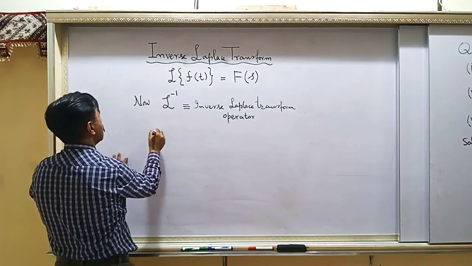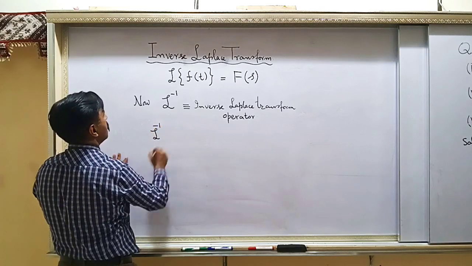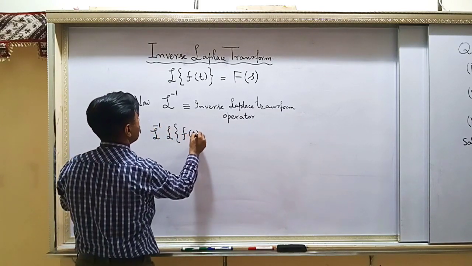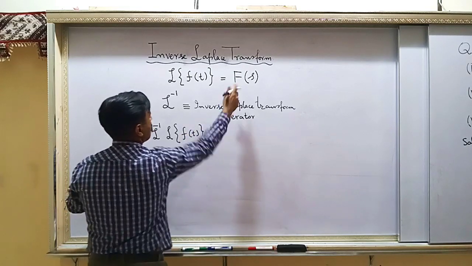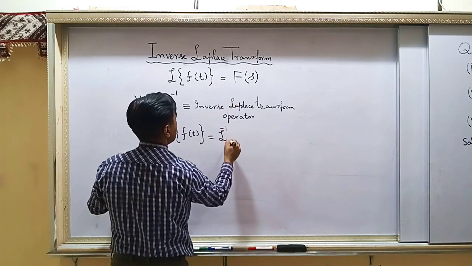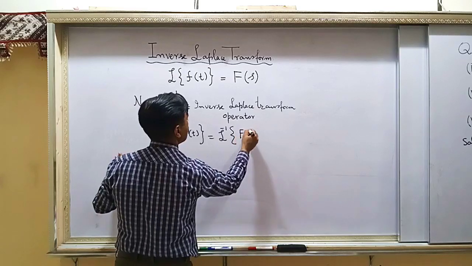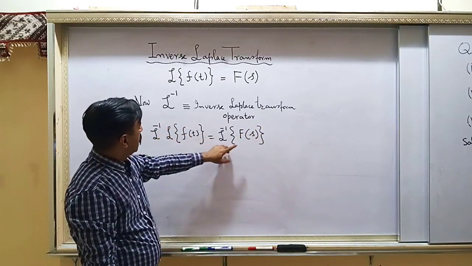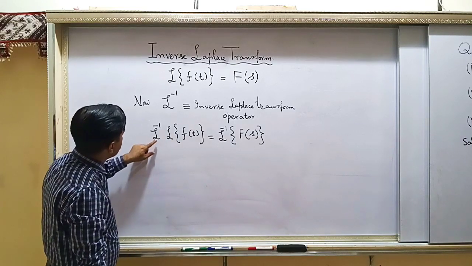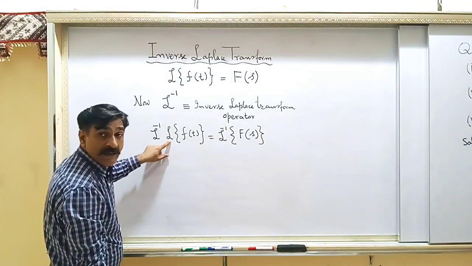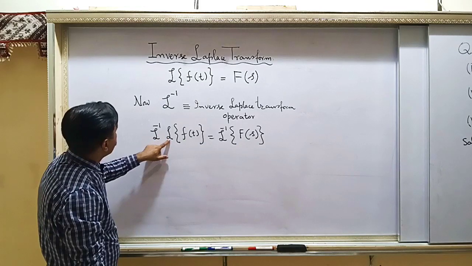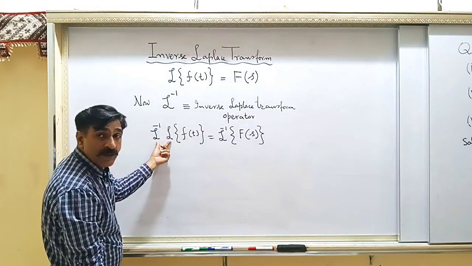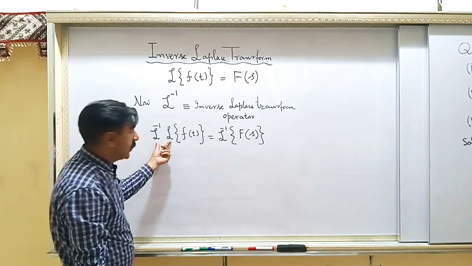Let's now operate it on the Laplace transform. L inverse acting on L of f of t, and the same thing on the right hand side, L inverse acting on F of s. Now this is the inverse of L. Whenever an operator and its inverse are multiplied together, they produce identity.